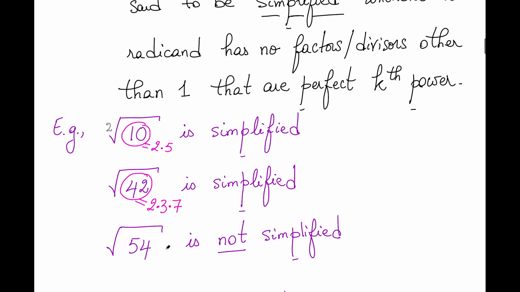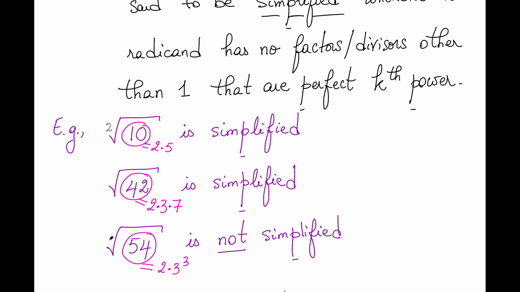Square root of 54 is not simplified. Why is that the case? Well, 54 is 27 times 2, and 27 is 3 cubed. So there is a factor here that's a perfect second power.